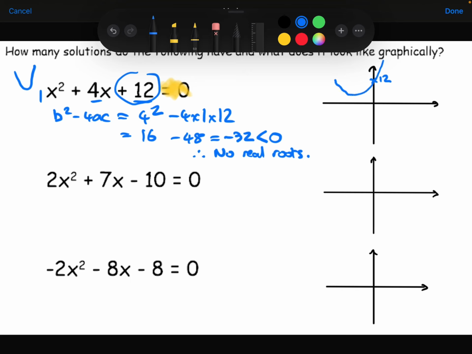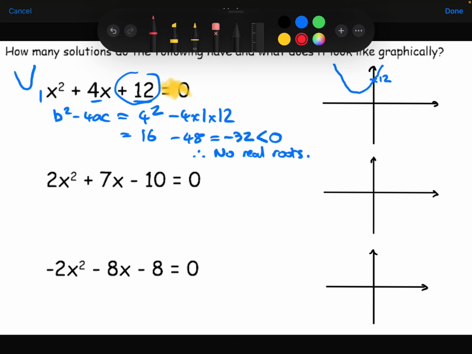So it's going to look something like this. And if I wanted to work out the coordinates of the turning point here, I could do that by completing the square. But that's not the point here. The point I'm trying to make is that the graph will look like that and not like that. That would be wrong. That would be cutting in two places with two distinct solutions. This has no real roots, so it'll look something like that.